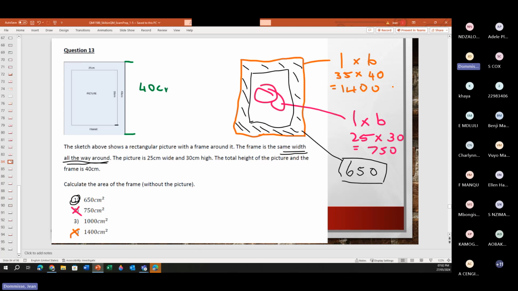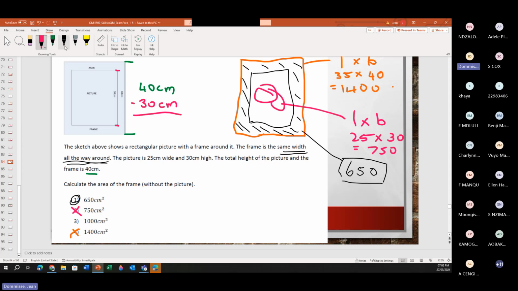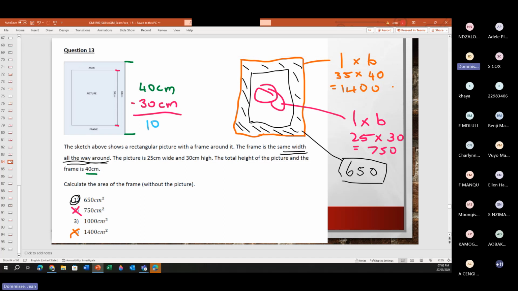They also tell me that the height of the picture is 50. So if I say 40 minus 50, I am left with 10 centimeters. So my frame in total is going to be 10 centimeters thick.